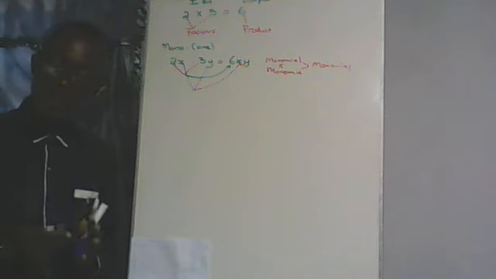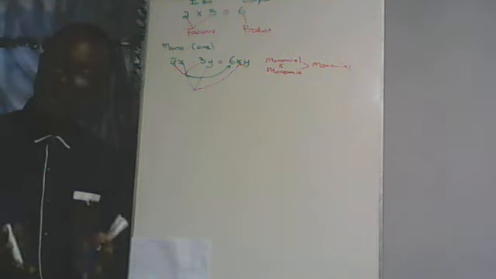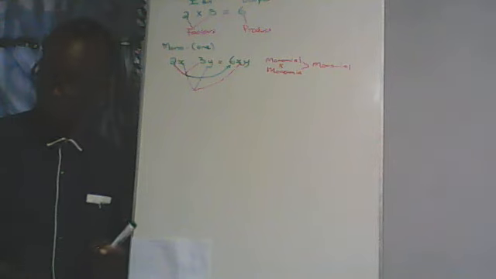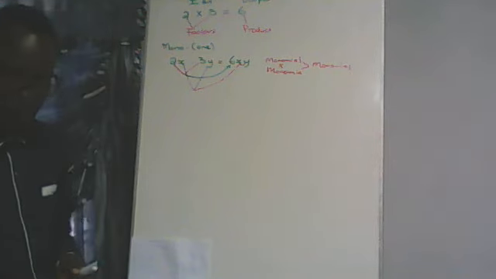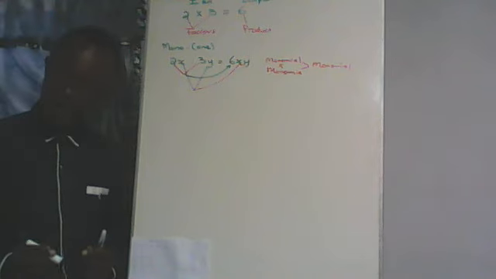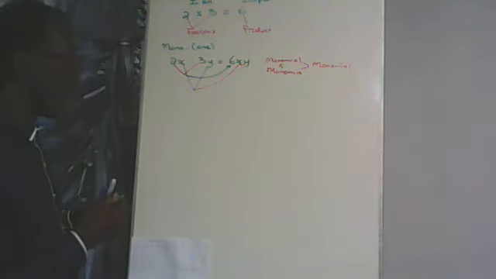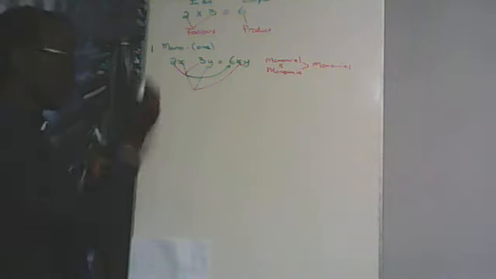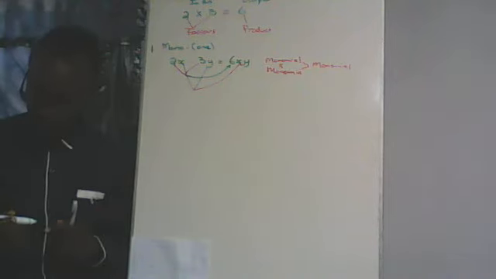When you multiply a monomial by a monomial, you get a monomial. That is true. So guys, let's move on. Our aim and objective is to find how we are to multiply a monomial and a monomial, which is the first thing that we did.